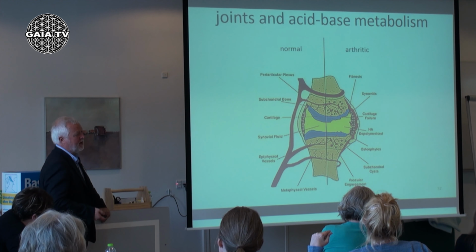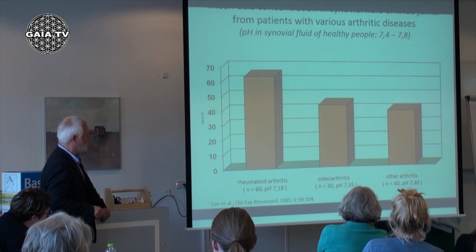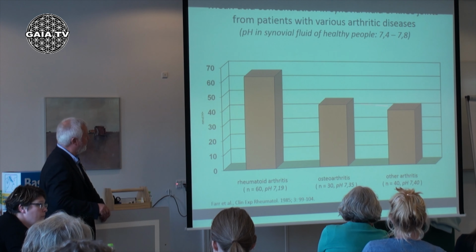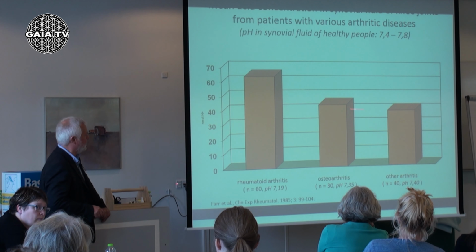This is the acid concentration in patients with rheumatoid arthritis, with osteoarthritis or other forms of arthritis. And you see it's significantly increased in these patients. In normal patients, in healthy persons, not in patients, the acid concentration would be in that area.